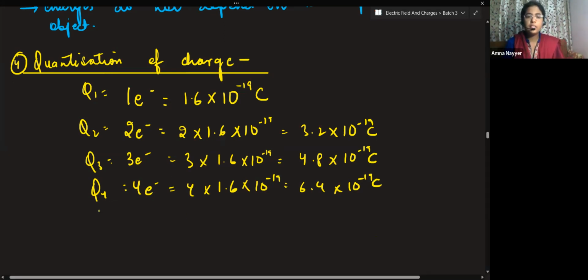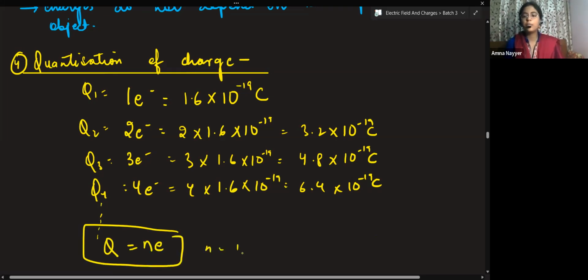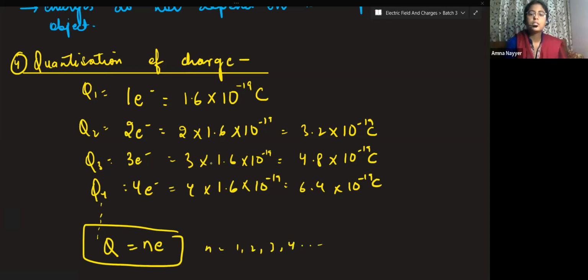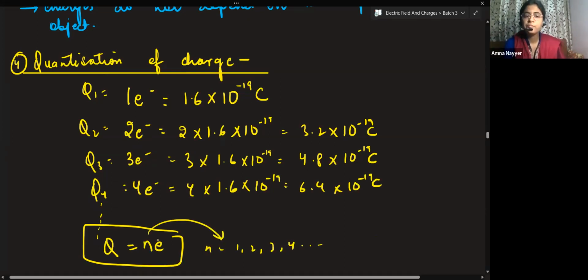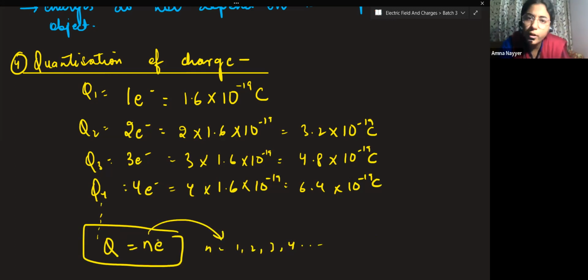So even if this series goes on, this will become what? Q will become n times e. n is any number starting from 1, 2, 3, 4 till infinity. n can be any number. So this is the value of n, whereas e is the electronic charge. So the minimum possible charge on an electron is 1.6 into 10 to the power minus 19.